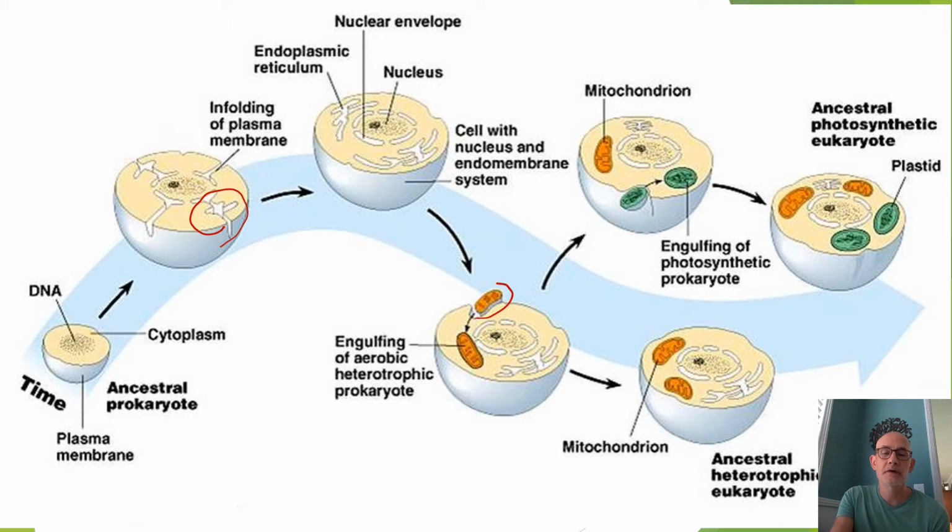We get this engulfing of this free-living prokaryote. It becomes the mitochondria, and then we diverge into our heterotrophs, which only have mitochondria. And then later we have the engulfing of the free-living photosynthetic prokaryote, and that becomes the chloroplast.